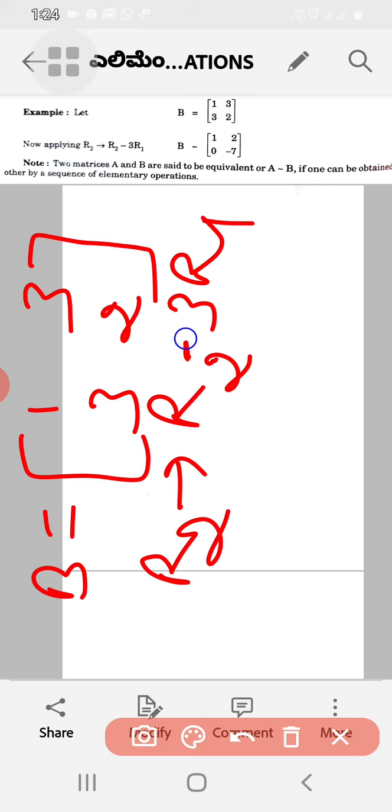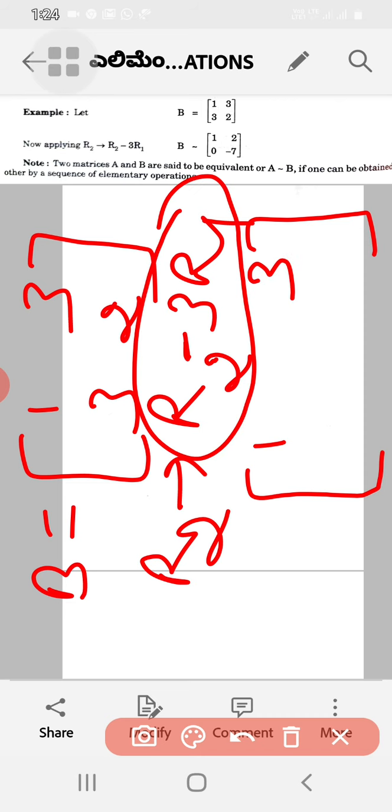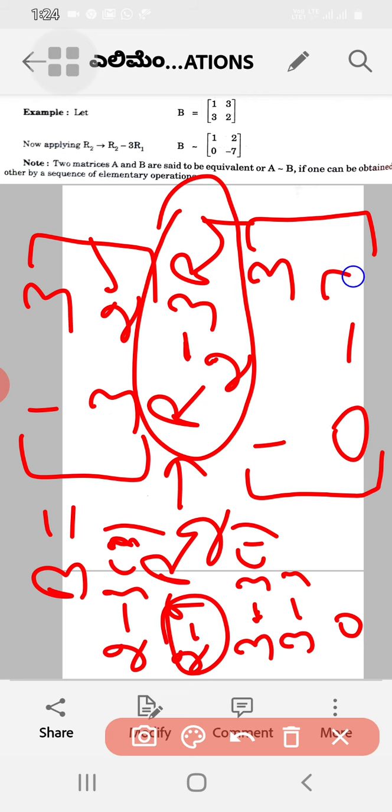Then this matrix becomes, see here, the first row we write as it is. So R2 minus 3R1 means, first element is 3 here. 3 minus 3 into 1, that is 3 minus 3, that is 0. So it will be 0. Then the second element is 2 here. So what happens here? 2 minus 3 into 3, that is 2 minus 9, which is minus 7.